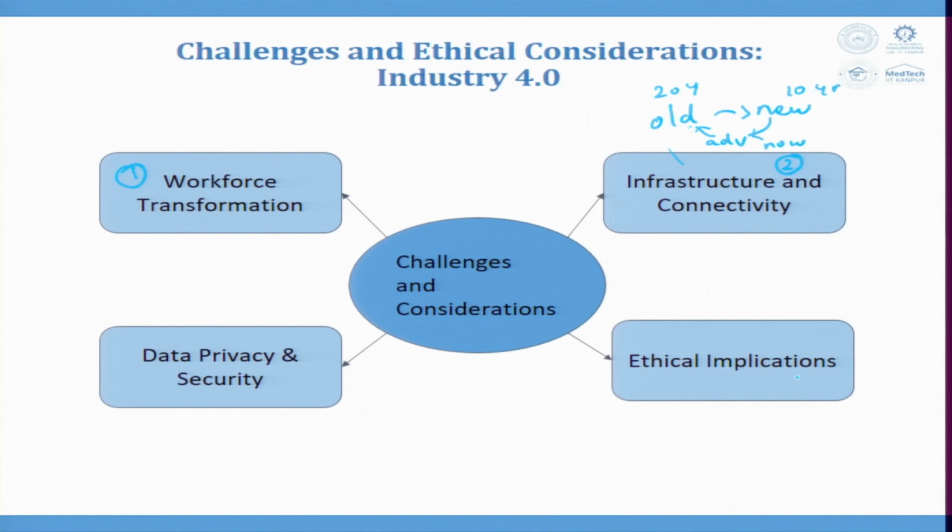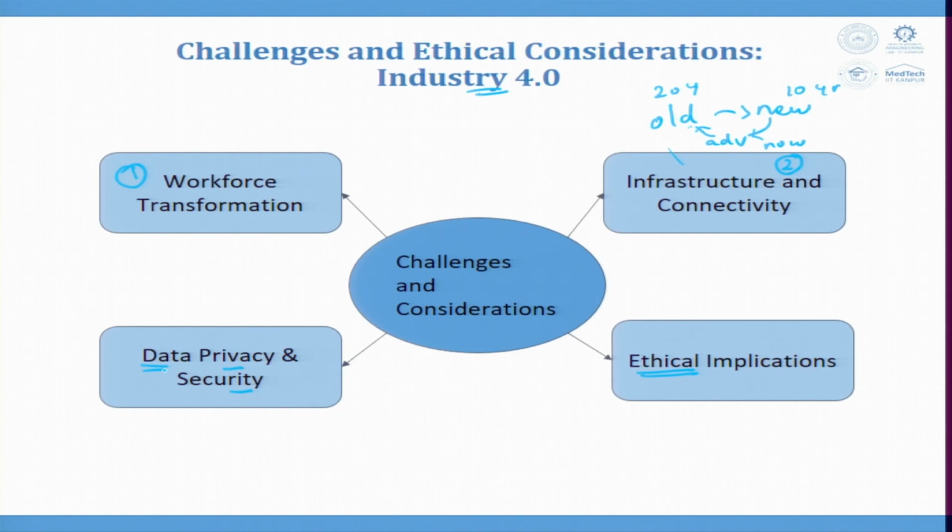Then ethical implications. That is a biggest challenge. Try to produce what is required in a professional manner to meet customer demands. Ethical implementation and data privacy and security, these are the four big challenges and ethical considerations when we start doing industry 4.0. When we try to integrate industry 4.0 to social innovation, you should understand data is very, very important.